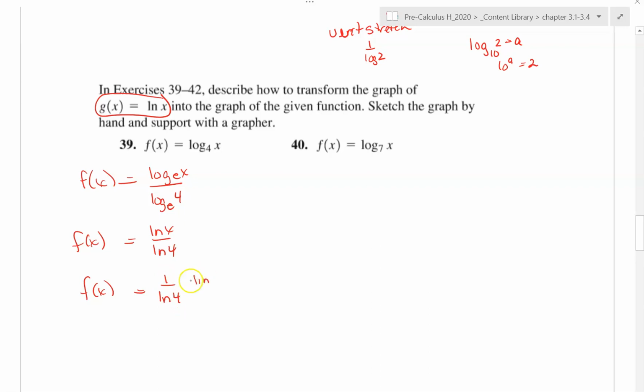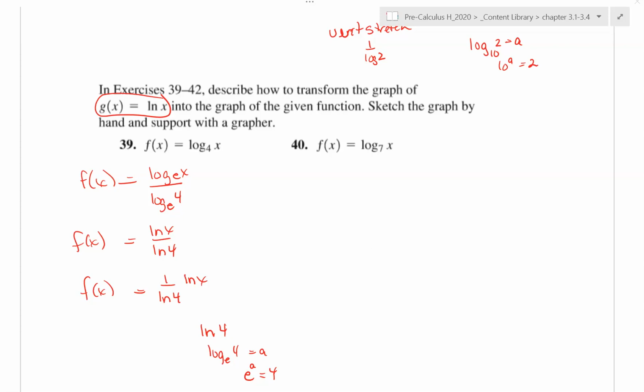To decide if this is a vertical stretch or shrink, you'd have to figure out if natural log of 4 is a number between 0 and 1, or a number greater than 1. Notice natural log of 4 is log base e of 4. Call that a. e to the a equals 4. So I know that a would have to be a number that is larger than 1.